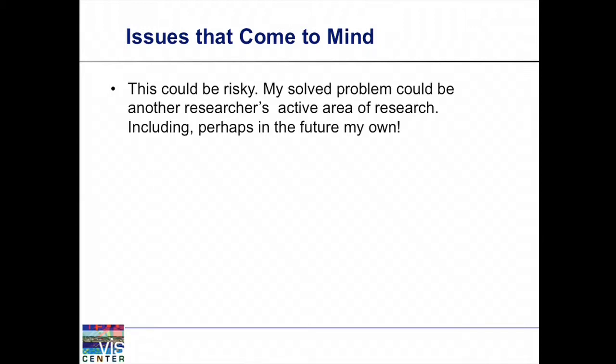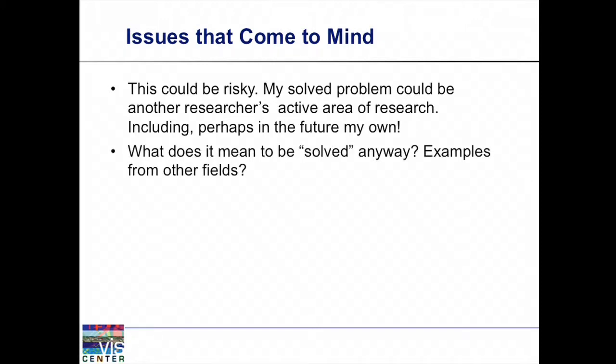And the reason for this is clear enough if we think about it. It's because these are intellectual problems at the core, and some discovery might be made. Some completely new thing that we haven't even thought of could make the problem unsolved again. So what does it mean to be solved anyway? Are there examples from other fields?